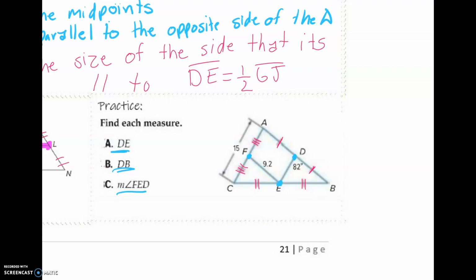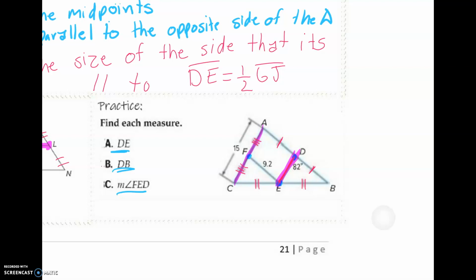So if we look here, I want to find DE first. DE relates to the side that it's parallel to. So DE here is parallel to AC. Now, because DE is the mid-segment, how much of AC equals DE?